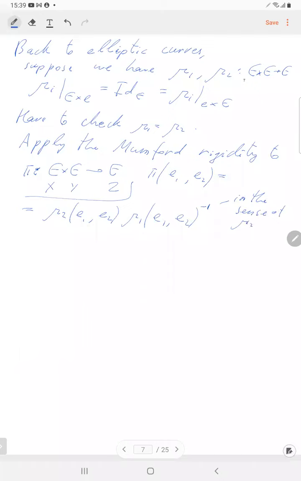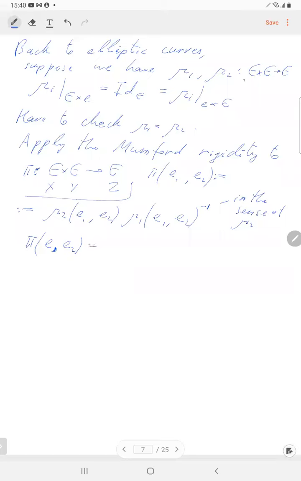Then we know that pi of e and e2 is e. We denoted the neutral element not by 0 but by e. Yes, that's just the definition. So we assume that e is the neutral element for both multiplication laws.